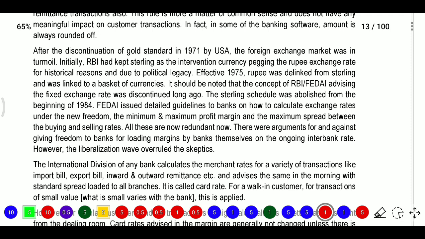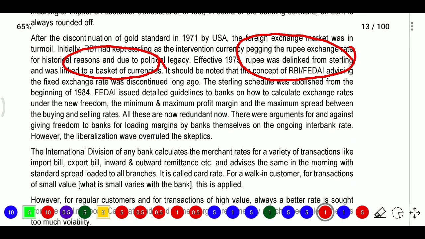In the past we had linked the rupee with sterling; in 1975 it was delinked and linked with a basket of currencies.